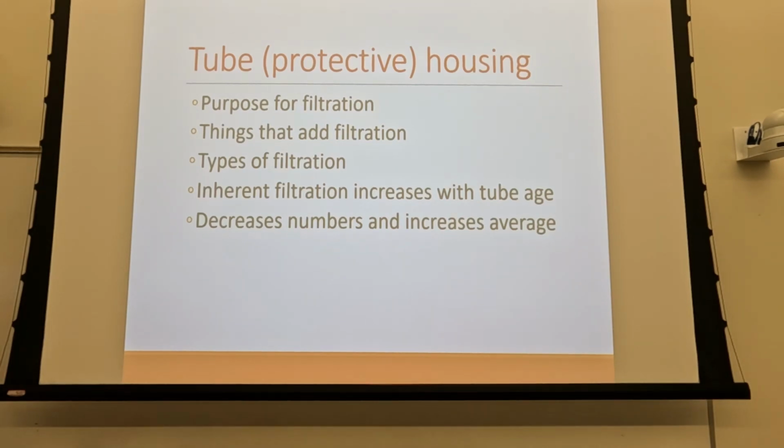Okay, so the strictest definition of inherent filtration is that the only filtration would be the envelope, right? And you've got to have an envelope to make X-rays. Yes? Yeah, you've got to have the vacuum and all that in order to make X-rays. So in that extreme, the envelope is your only inherent filtration.